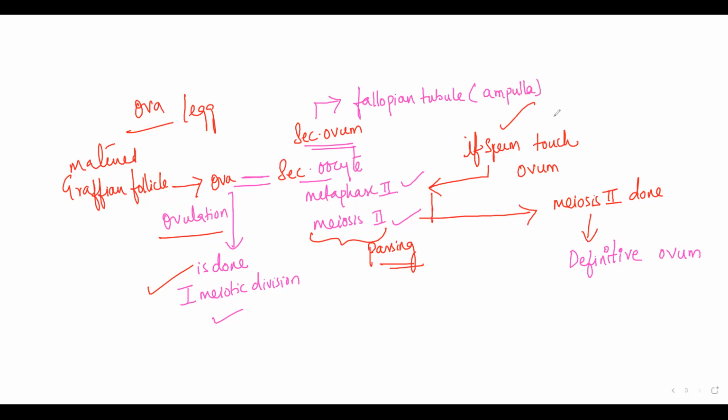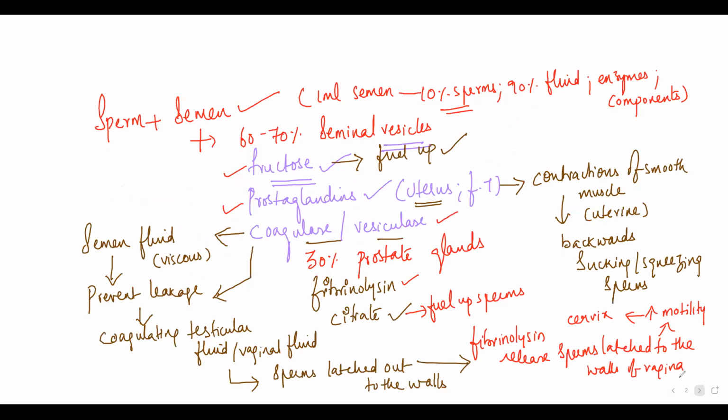If the sperm comes and fuses with the secondary ovum membrane, then instantly it is going to end the meiosis 2 division, and it will be termed a definitive ovum. This is what needs to be understood about the ova. These are the prerequisites to be known before fertilization, children. I hope this concept is clear for you all.